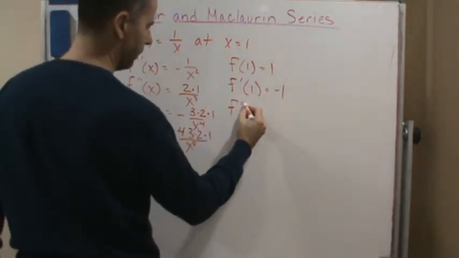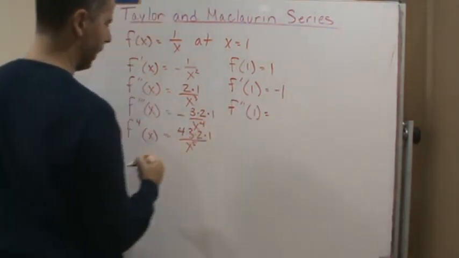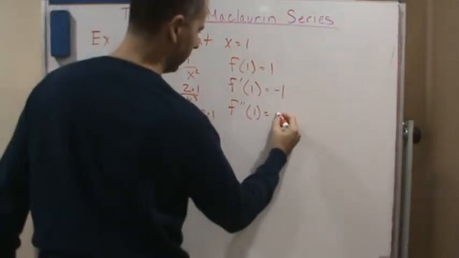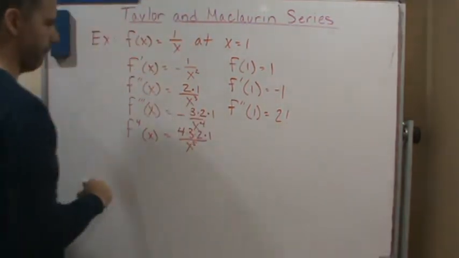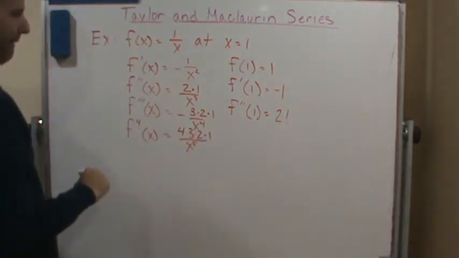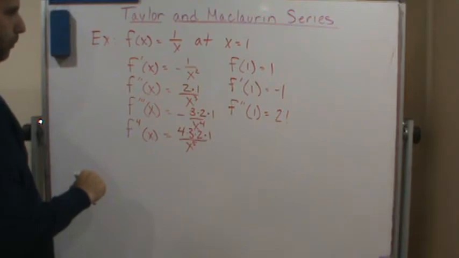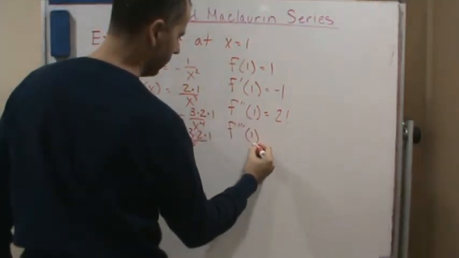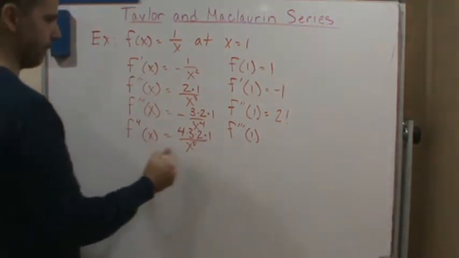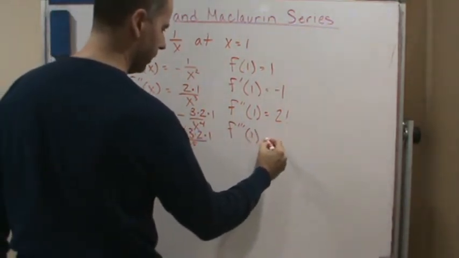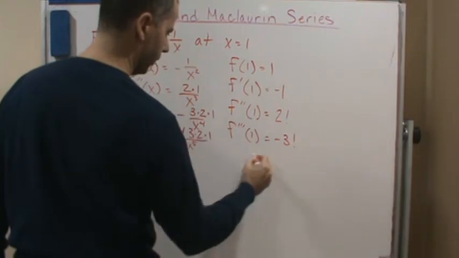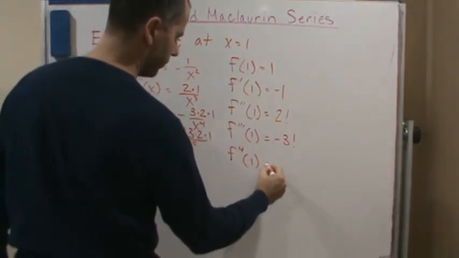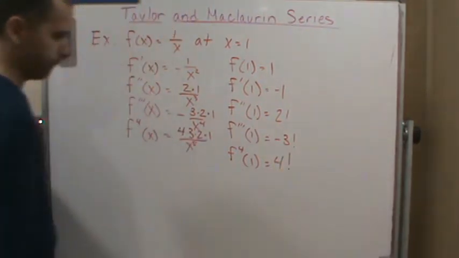And then f double prime of 1 is going to be 2 factorial. And then f triple prime of 1 is going to end up being equal to negative 3 factorial. And then f of 4 of 1 is going to be 4 factorial.